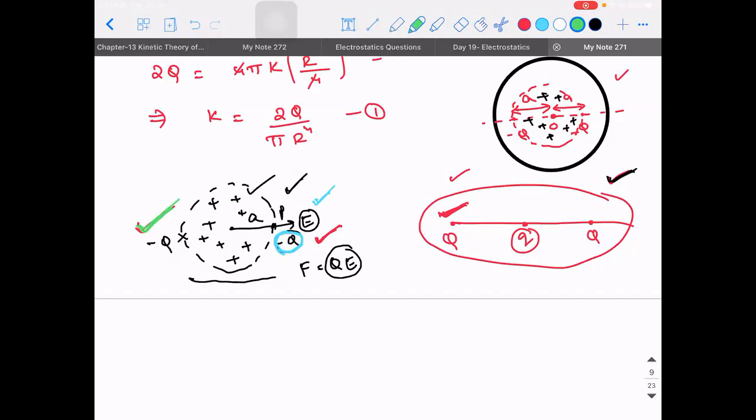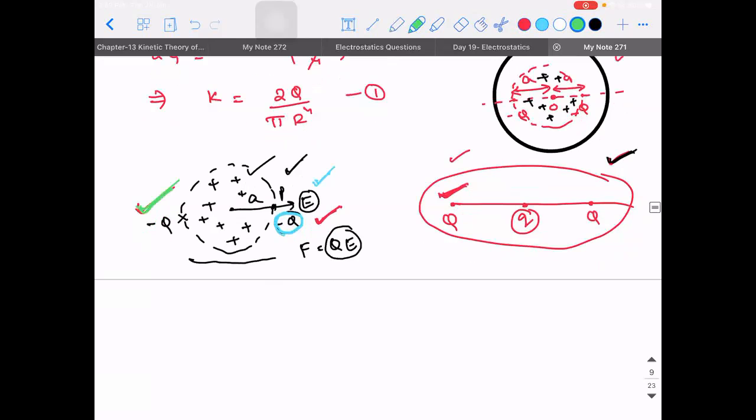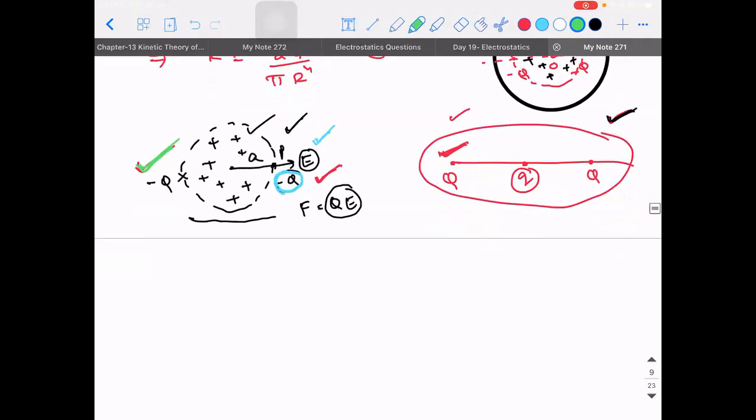Correct? So how many charges are actually exerting a force on the blue color minus Q?